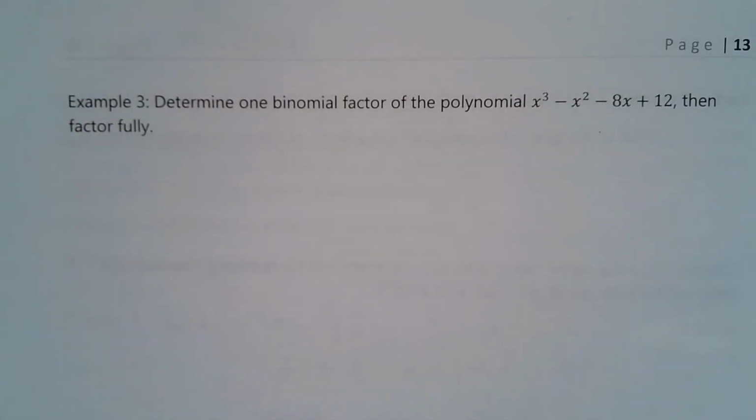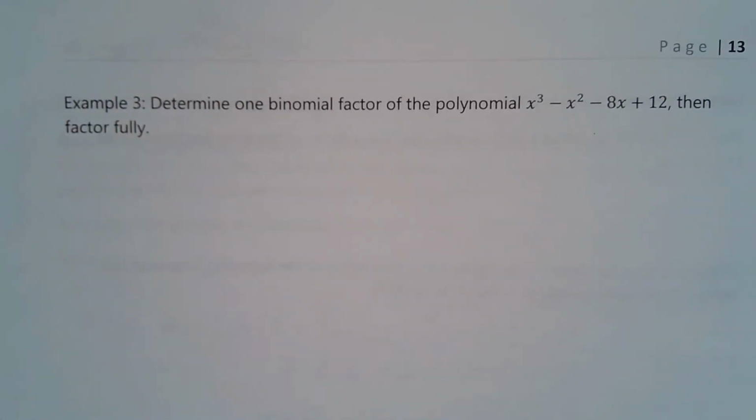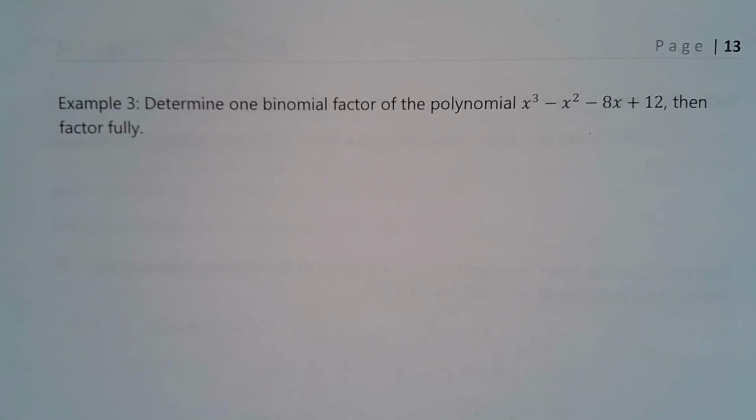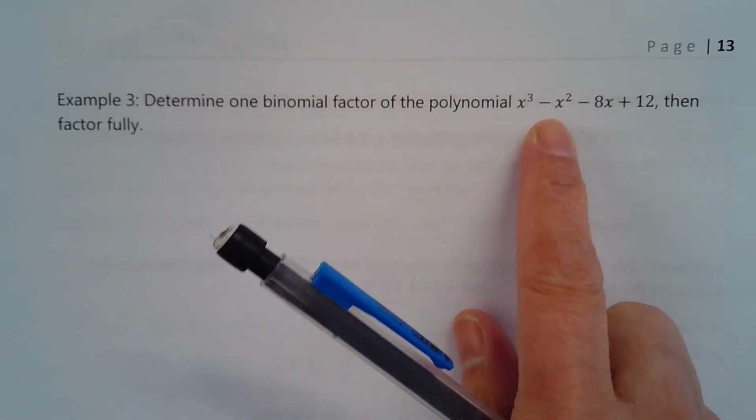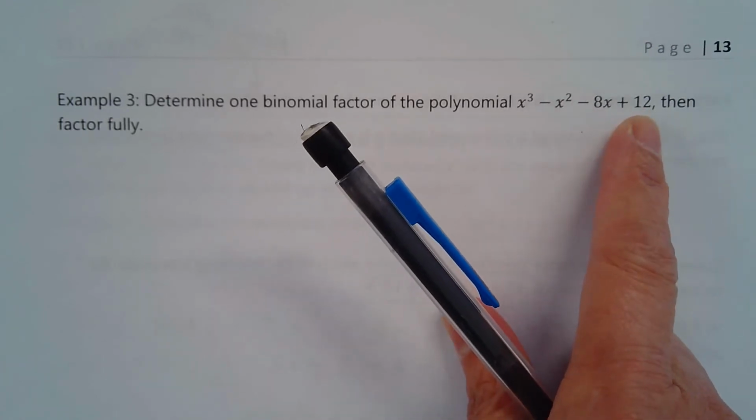We're doing all these baby steps, but to do that, we have to first factor fully. Okay, it says here, example 3. Determine one binomial factor of the polynomial x cubed minus x squared minus 8x plus 12.